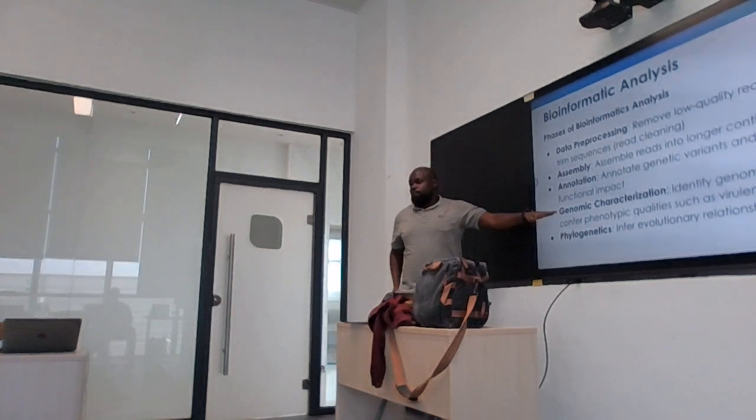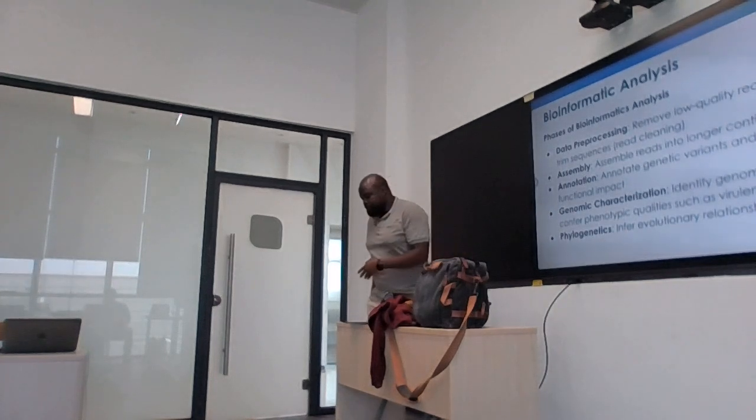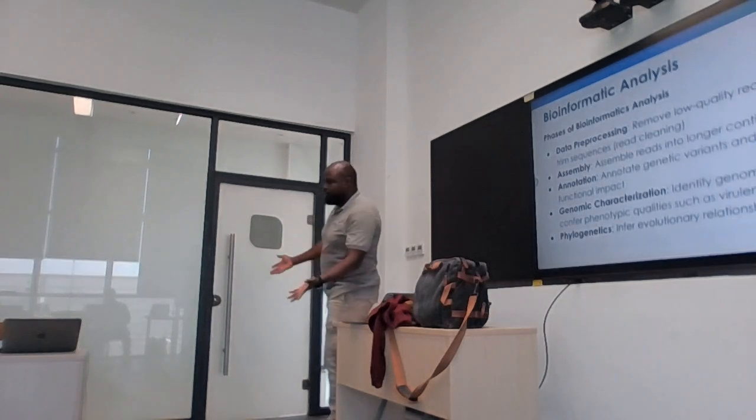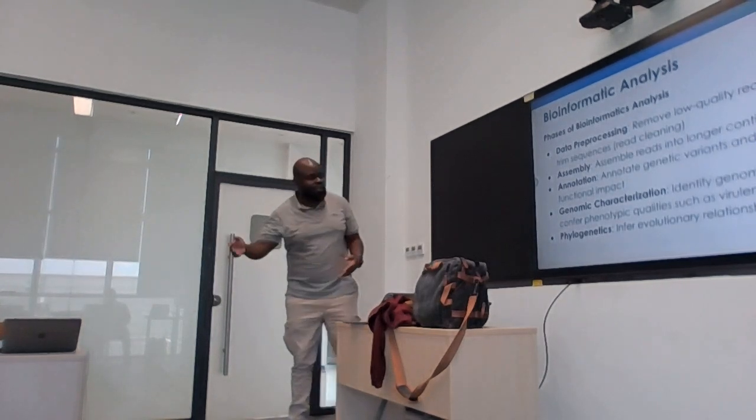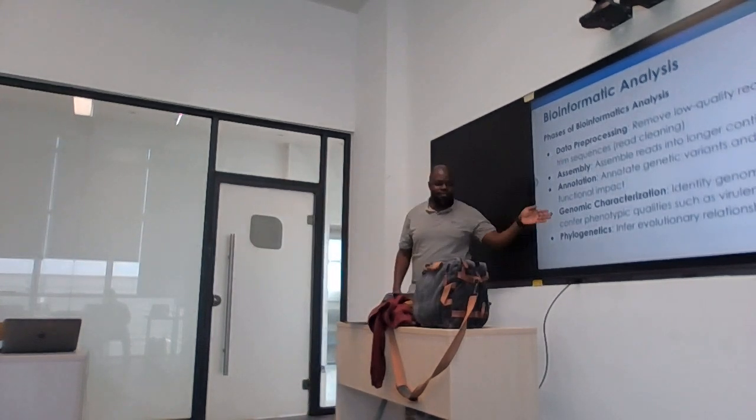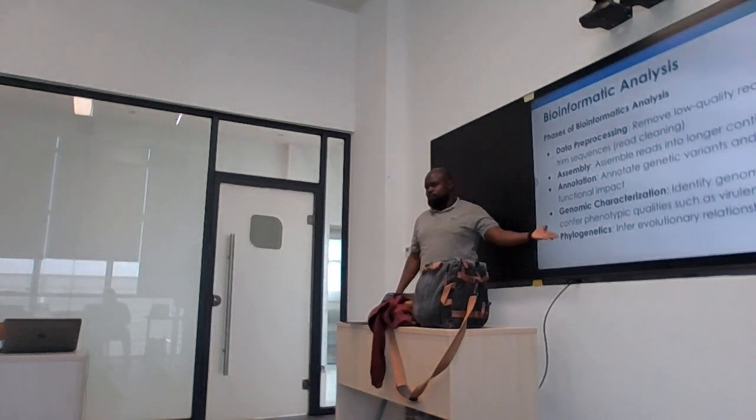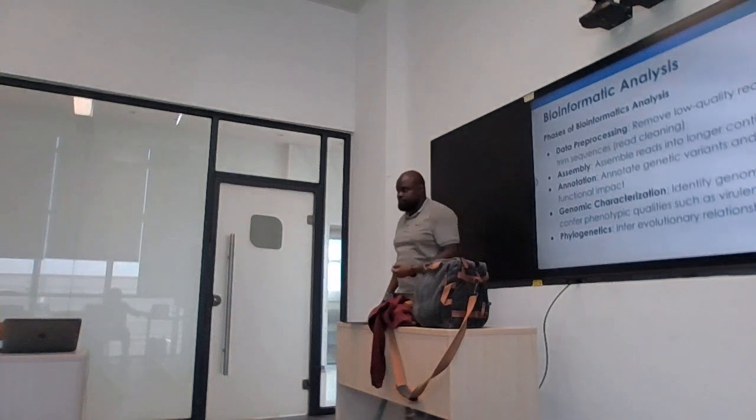Then we have a step where you do genomic characterization. This is where you, for example, want to know the lineage or clade of the sequence. For example, this is what we did with Nextclade. And then lastly, you do some phylogenetics, so you get a phylogenetic tree. So this is a typical process that we undertake in bioinformatic analysis.